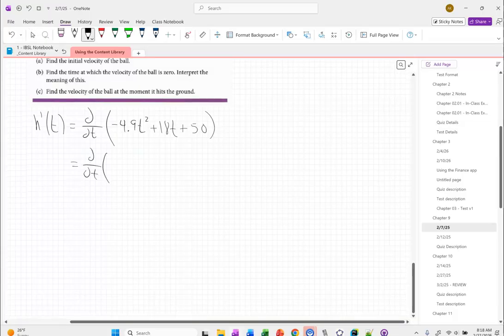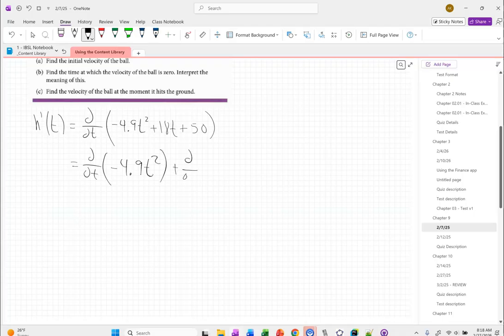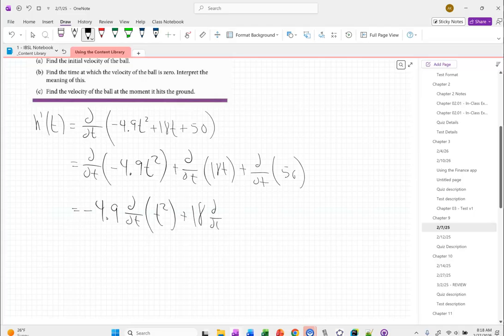We can distribute our derivative. We can pull our constants out front. We know the derivative of a constant is 0.